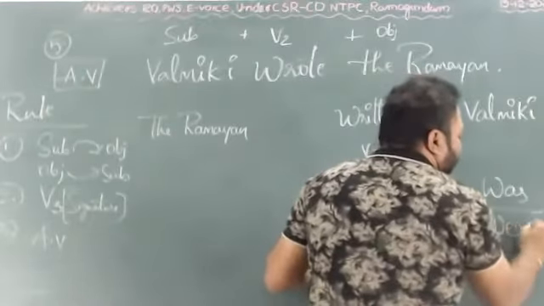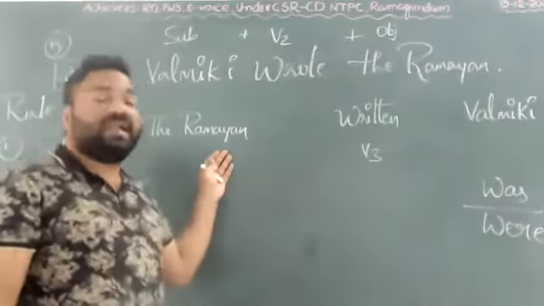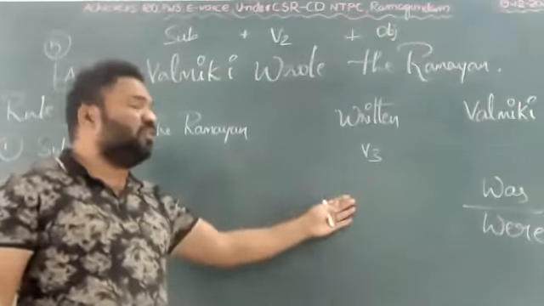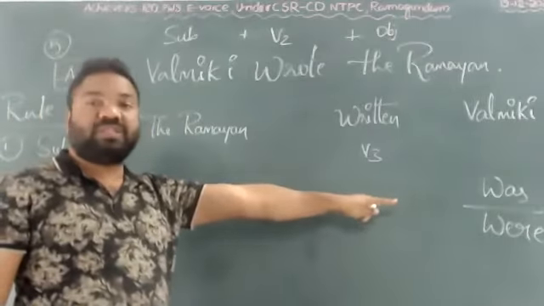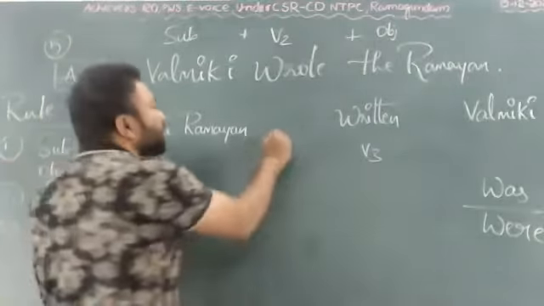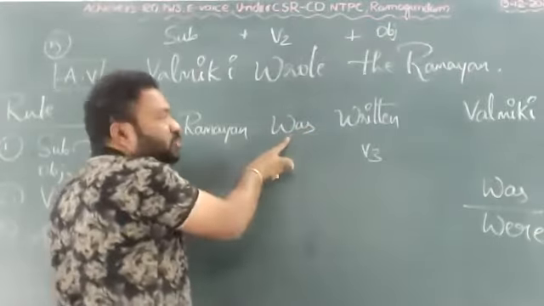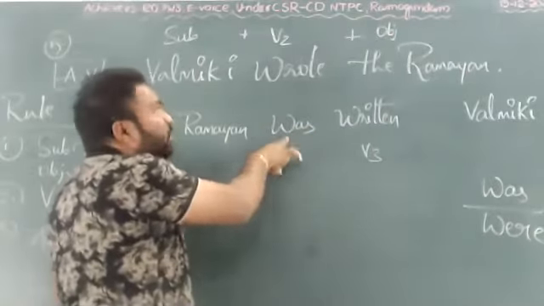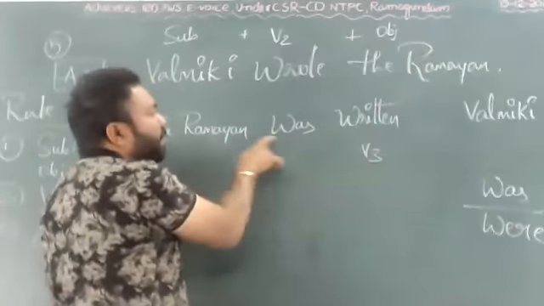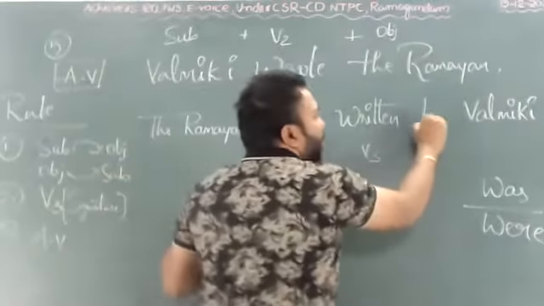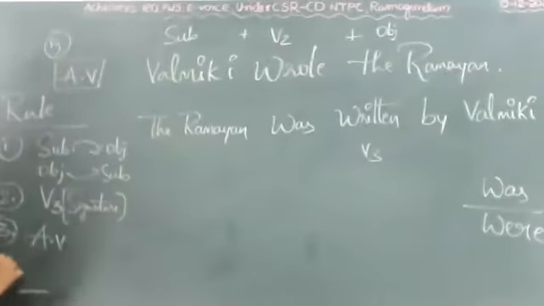Was and were. Let's say the Ramayana is singular, so I have to use one of these two, which is was. Ramayana was. This is a suitable auxiliary verb used for a simple past sentence. Okay, Ramayana was written by. Here, that is the fourth rule.